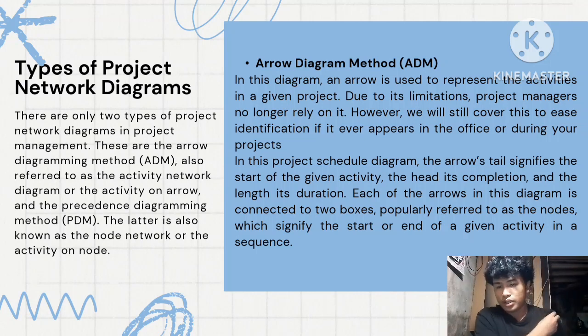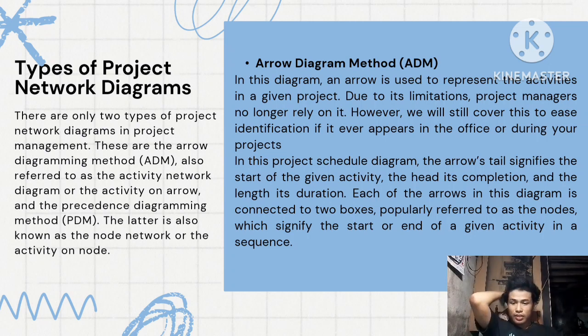So, types of project network diagrams. There are two types of project network diagrams in project management. These are the arrow diagramming method, or in short ADM, also referred to as the activity network diagram or the activity on arrow, and the precedence diagramming method, in short PDM.